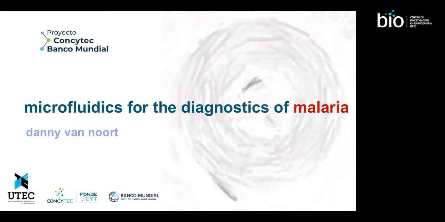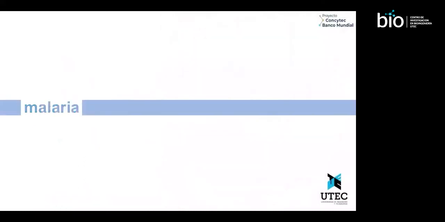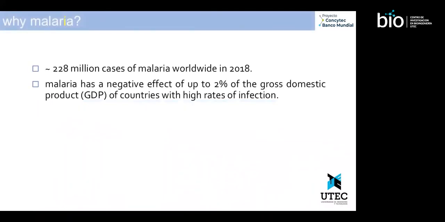giving you this presentation. So this presentation is actually about microfluidics and what we can do with that for the diagnostics of malaria. So the question is, what is malaria? Why malaria? I think most of you probably know that.